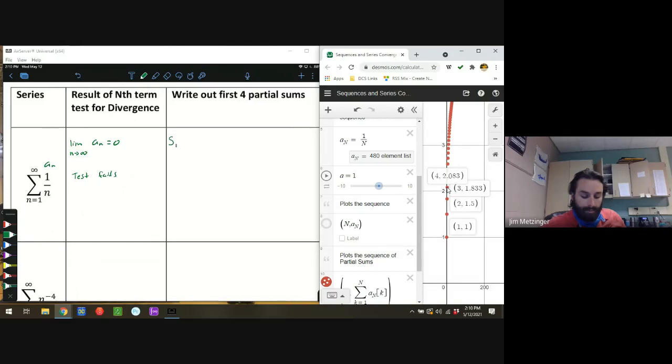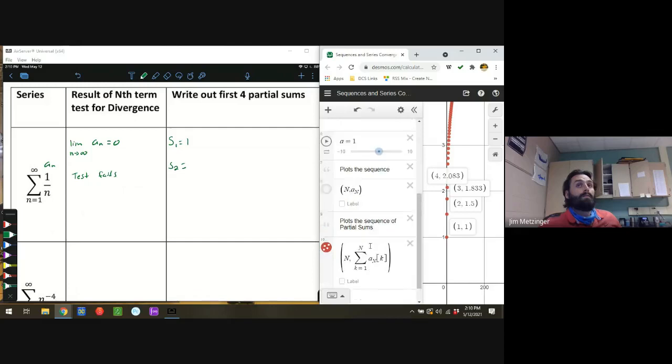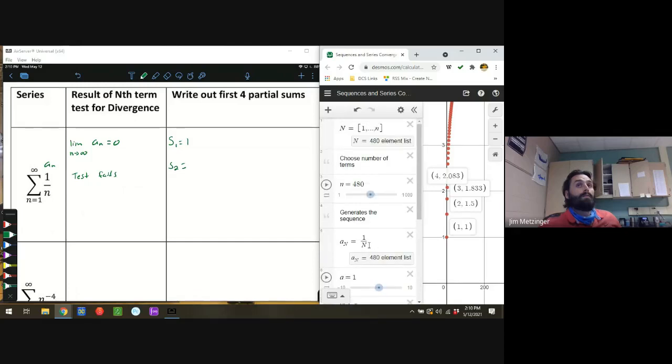So I'm going to write their sums first. Scroll up one bit. Do you have a 1 here at the top? Do you have 1 over capital N?